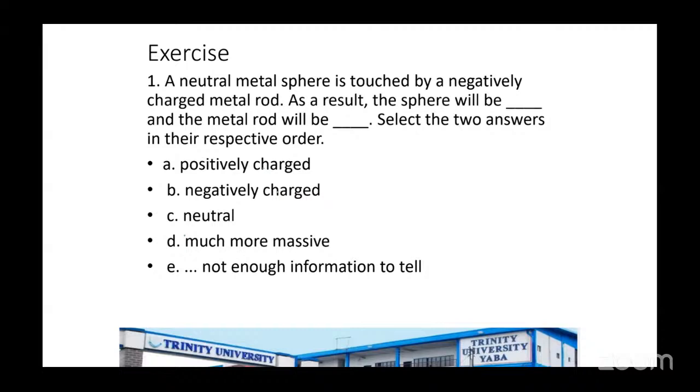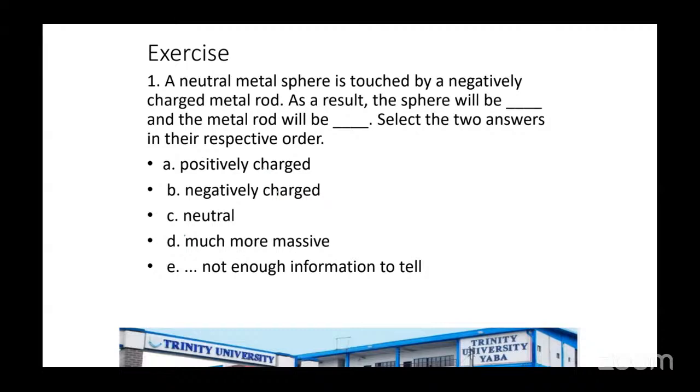So this is a case of charging by conduction or charging by contact. When a charged object is used to charge a neutral object by conduction, the previously neutral object acquires the same type of charge as the charged object. So the charged object maintains the same type of charge that it originally had.